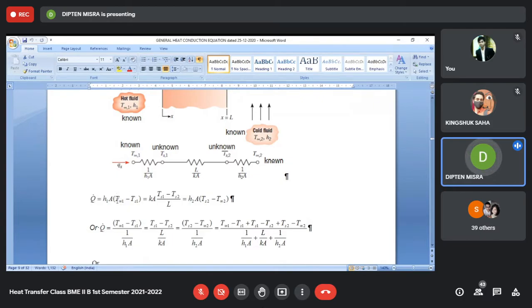The hot fluid temperature is T infinity 1, and the left side surface has a temperature TS1, which is not known. By some means if we know H1, but we do not know this value, it will not create a problem ultimately. If it were known, then Q dot would be equal to H1, the heat transfer coefficient, into the surface area, into the temperature difference between the fluid and the wall.